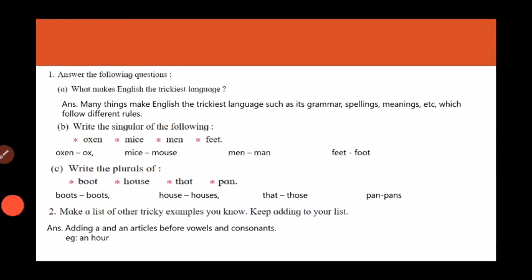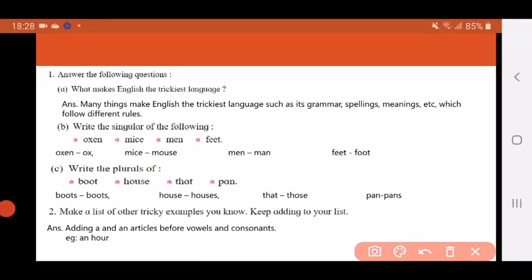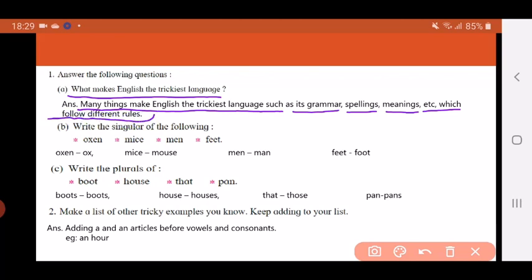Now let's answer the questions. What makes English the trickiest language? Many things make English the trickiest language, such as its grammar, spellings, meanings, etc., which follow different rules.